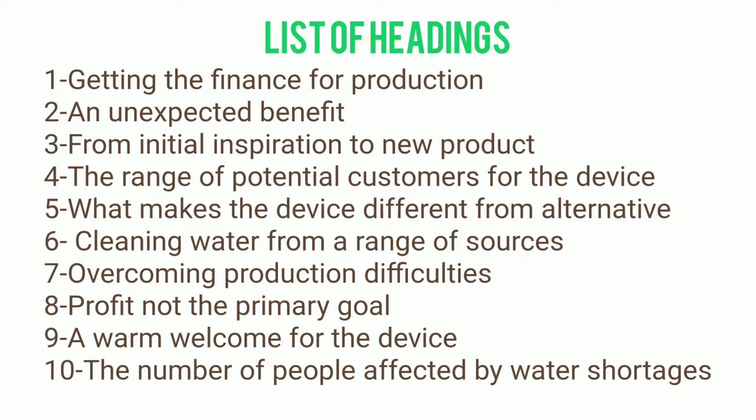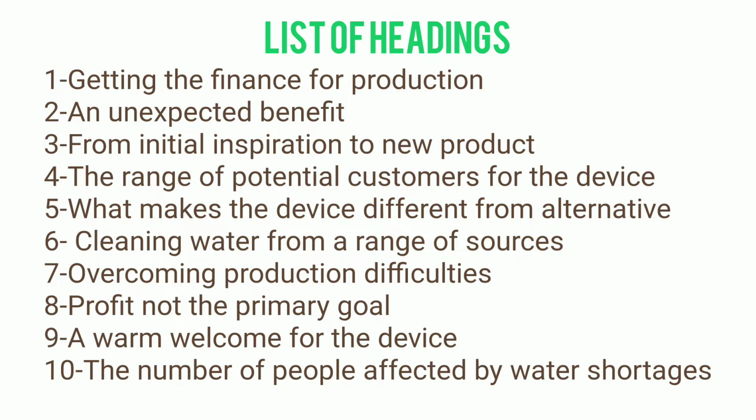Let's tick mark this. Fourth says the range of potential customers for the device. It is not talking about the potential customers, so let us eliminate this also. Fifth says what makes the device different from the alternatives. It is not talking about the alternatives either, so let us cross this also.